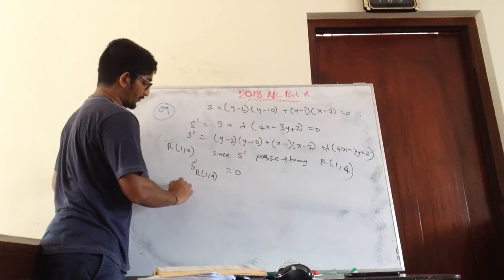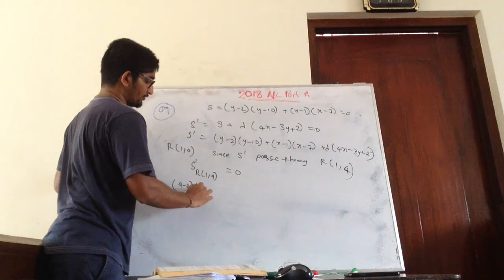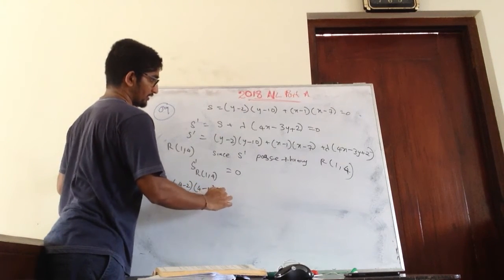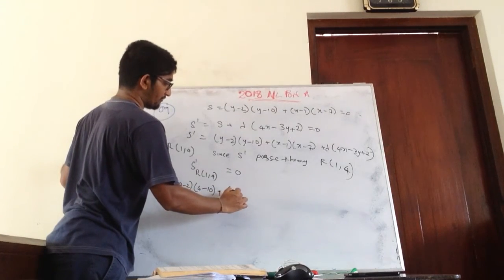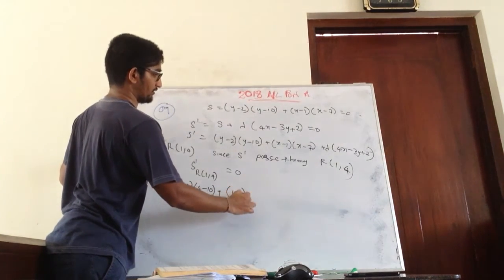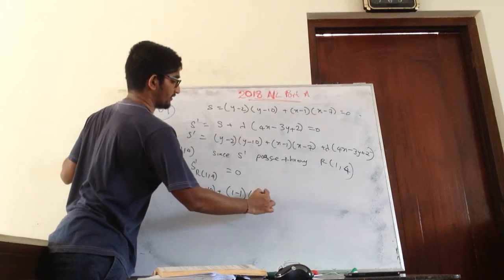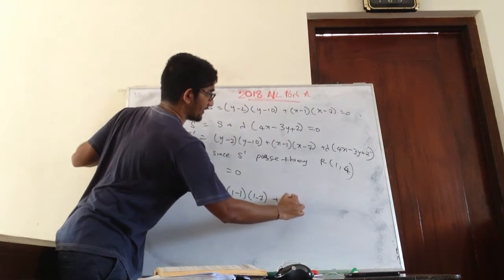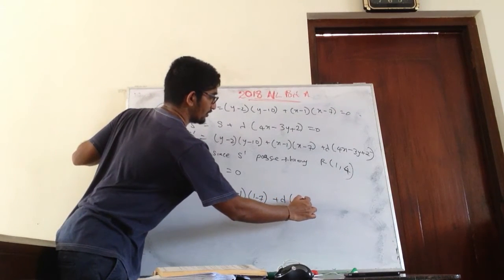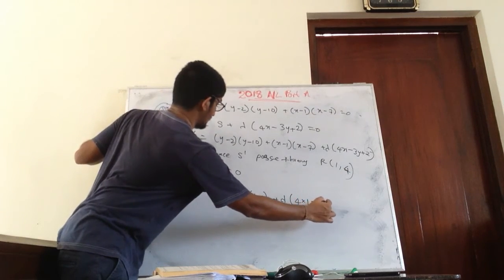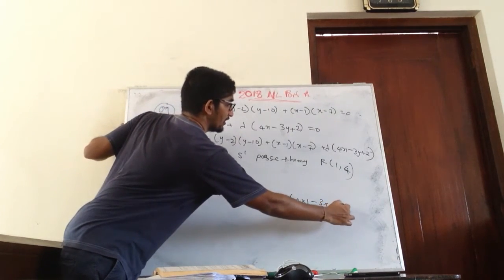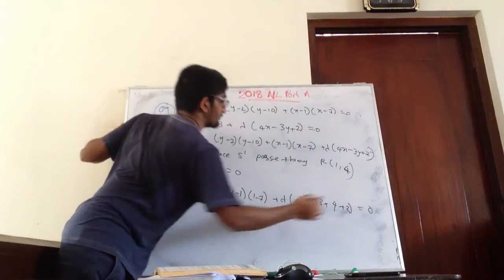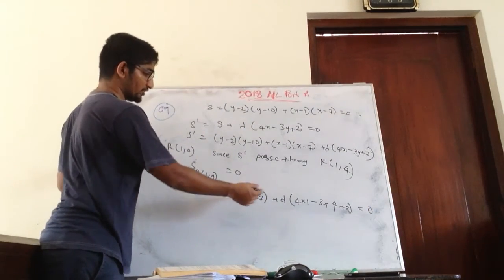So I will get (4 minus 2)(4 minus 10), (1 minus 1)(1 minus 7) plus lambda times (4 minus 3 times 4 plus 2) equals 0. So here you will get a 0 here.